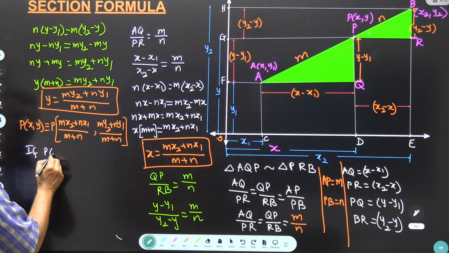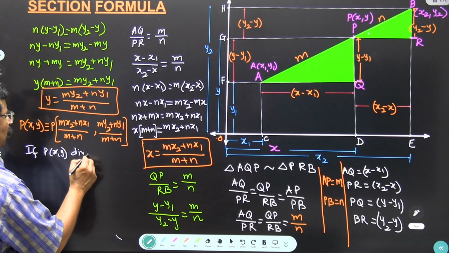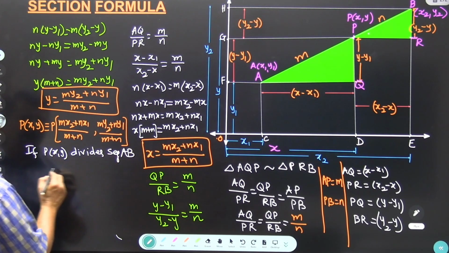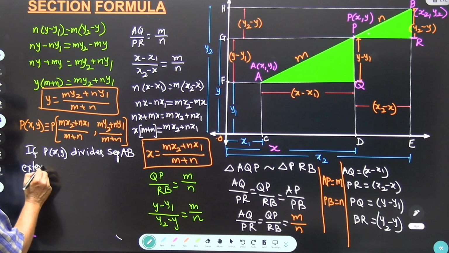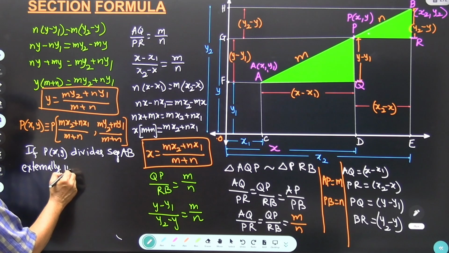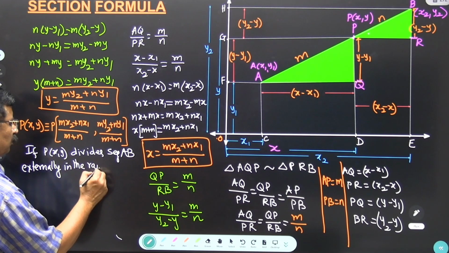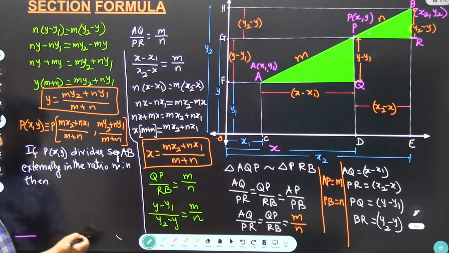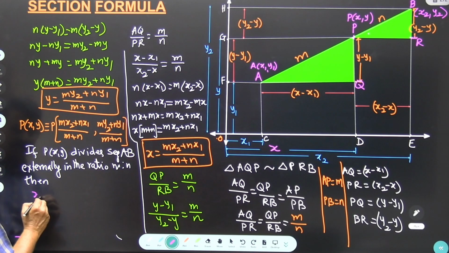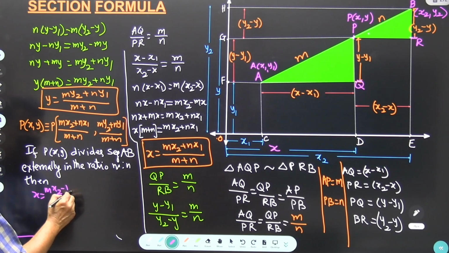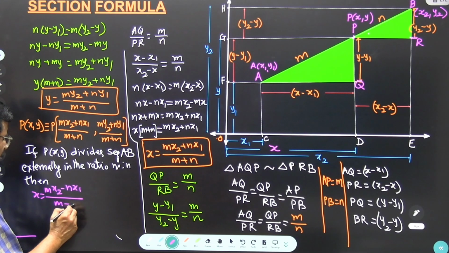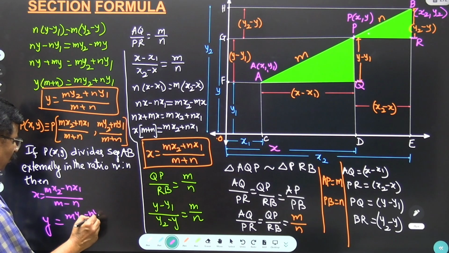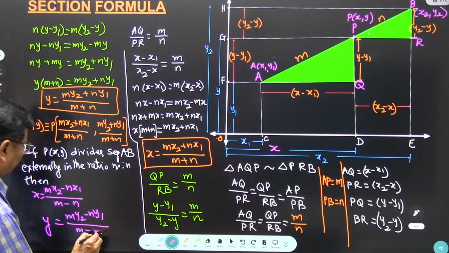So if P(x, y) divides segment AB externally in the ratio m is to n, then the x coordinate will be mx2 minus nx1 divided by m minus n, and y coordinate will be my2 minus ny1 divided by m minus n.